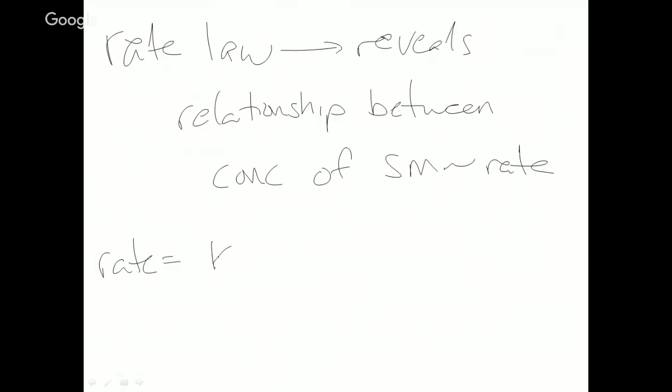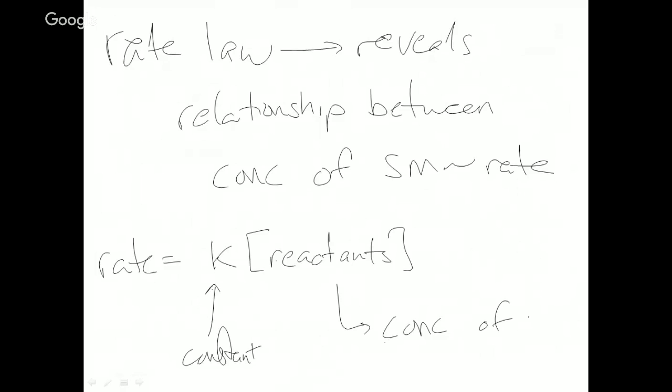The rate equals k, a rate constant, times the concentration of reactants. I am never going to talk about numbers on this. Again, you should be able to work through some of these problems, and they will help you understand this better. If k is large, it's fast. If k is small, it's slow. That makes sense. But we're going to keep it very qualitative, though we will talk about concentrations.